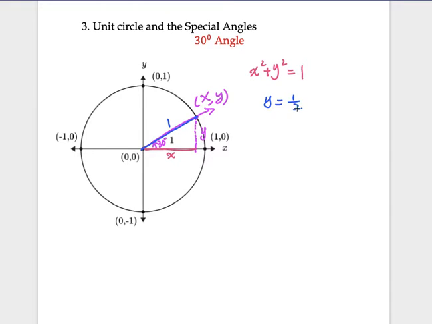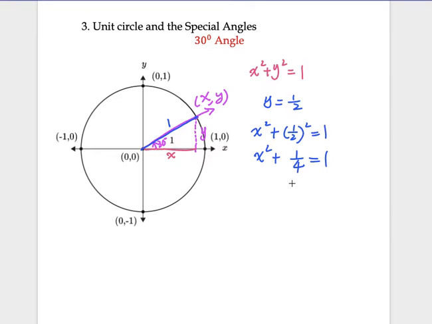What we are going to do is replace y with a half in the equation, equal to 1, and then use this to solve for x. For students still wondering why this is a half, this is a special property of 30 degrees. The opposite side of the 30 degree angle is half of the hypotenuse.